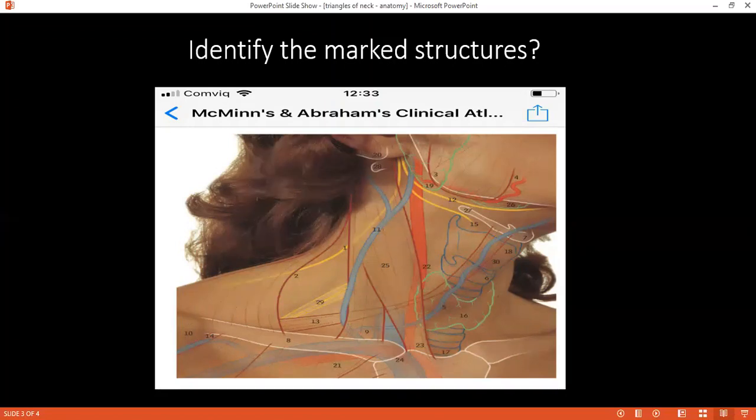Okay, what are the most commonly injured nerves during thyroidectomy? The commonly injured nerves are the recurrent laryngeal nerve, the external laryngeal nerve, and the cervical sympathetic chain. All right. How would cervical sympathetic chain injury present? Ischemia due to the neural damage. All right. Okay.